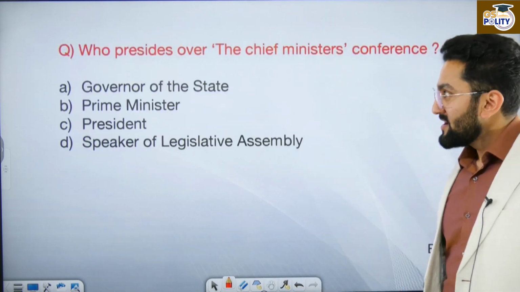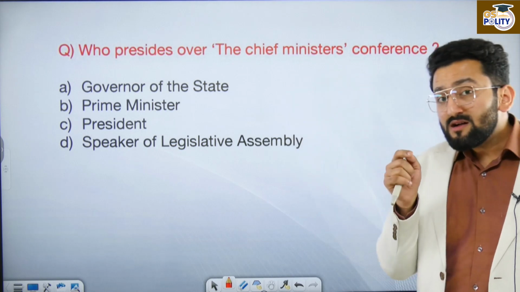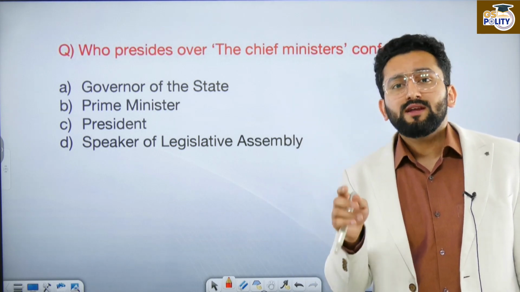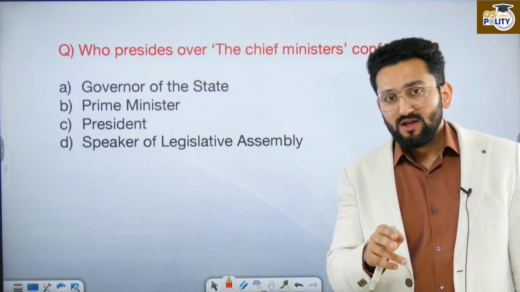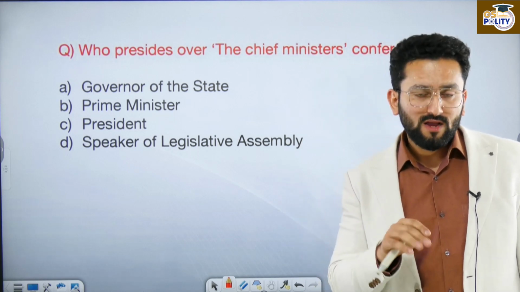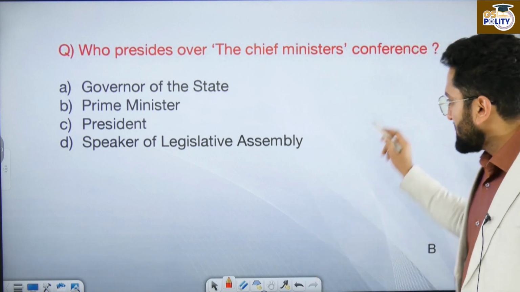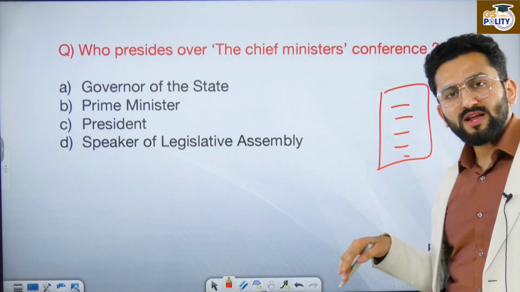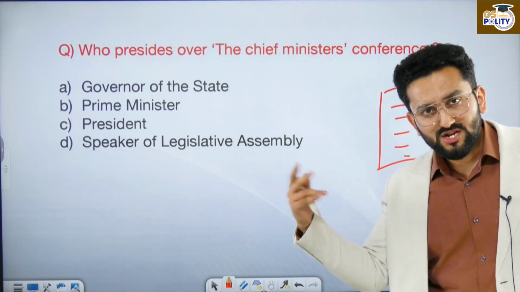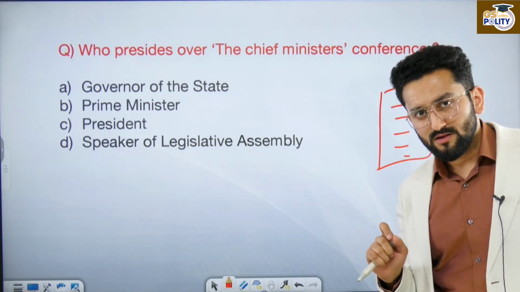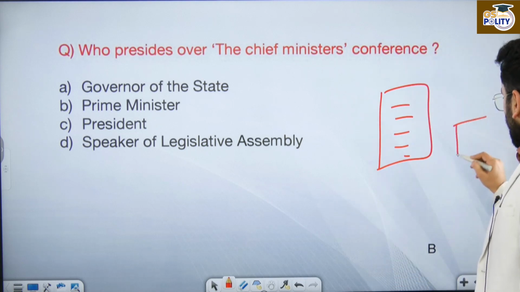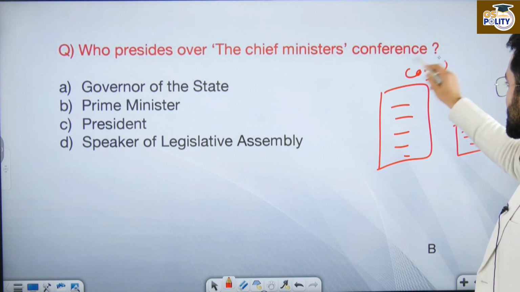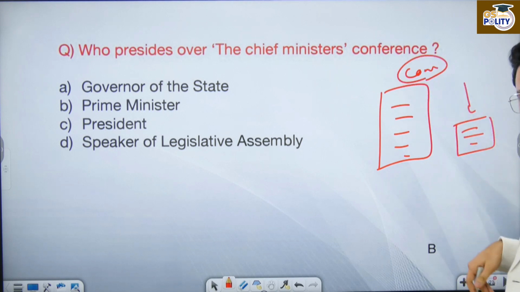Clear? Now, there's a subtopic within these executive administrative provisions in your Lakshmikant, extra constitutional bodies. So what does it mean? It means this is the constitution, and it has certain provisions which talk about center-state relations in executive matters. There can be other ways also, but they are beyond the constitution, means not mentioned in the constitution, they are separate.